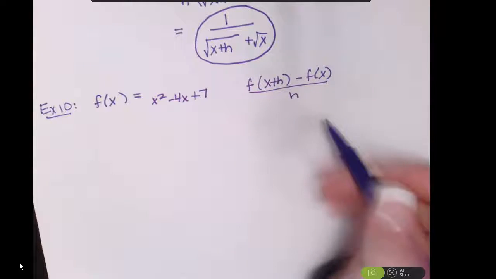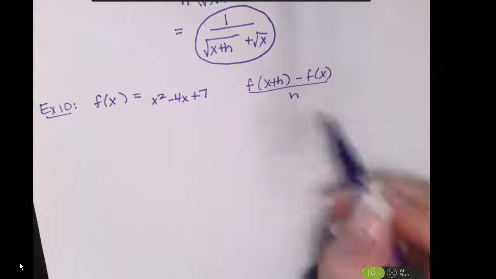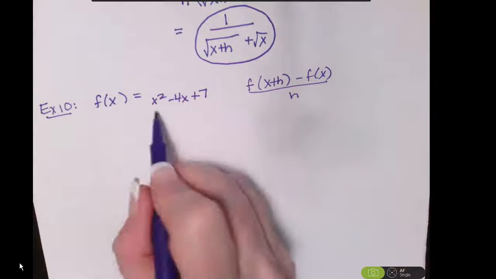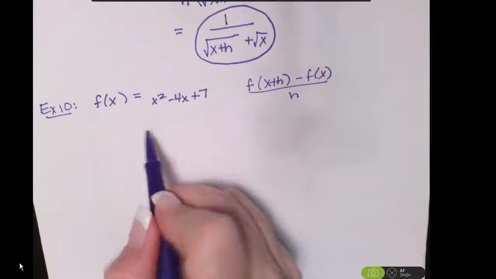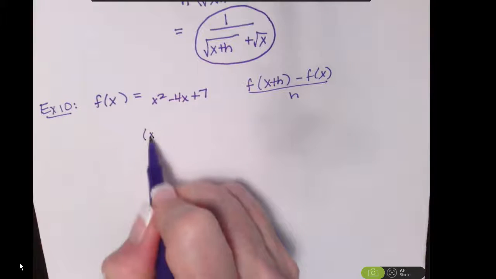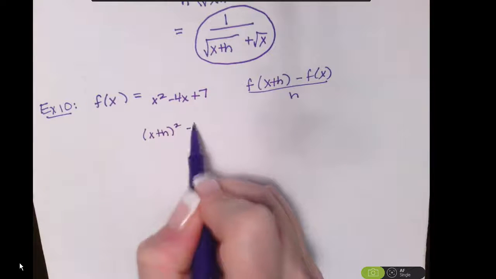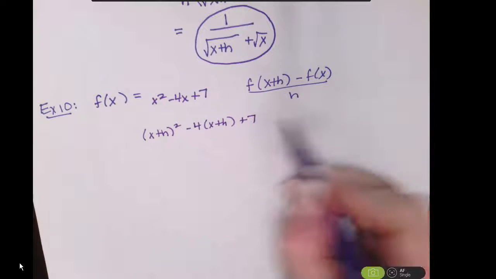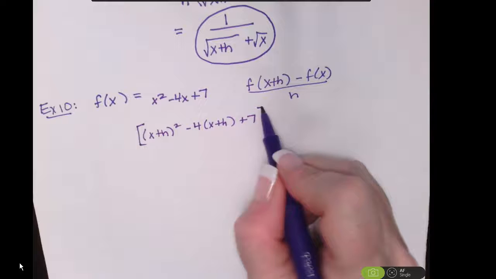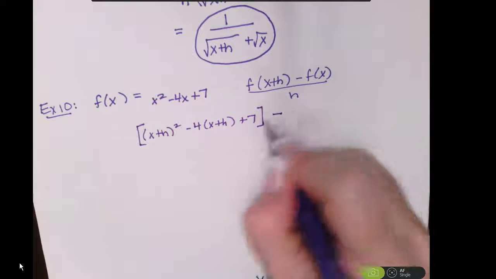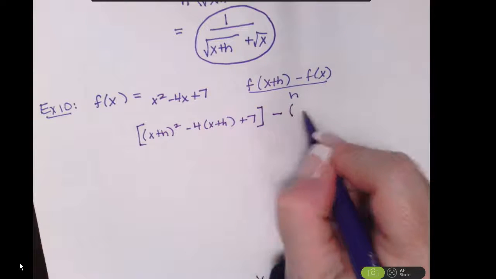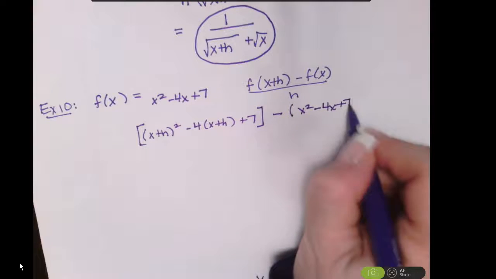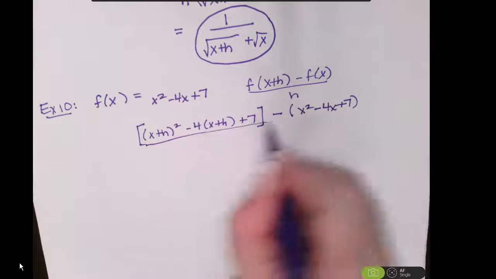So that tells you to do f of x plus h minus f of x all divided by h, and then you're going to substitute that in. So f of x plus h equals x plus h squared minus 4 times x plus h plus 7. So all of that minus your original f of x, which is x squared minus 4x plus 7. And then all of that will be divided by h.